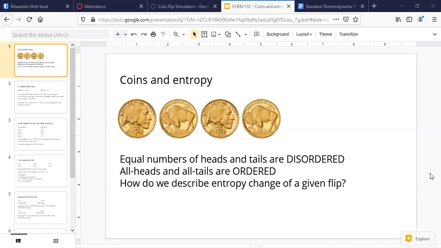And in all the different possibilities, I want to make sure we see the limitations on the ordered states and the possibilities in the disordered states that make us associate one with low entropy and make us associate the other with high entropy. Okay? Are we good? Okay.